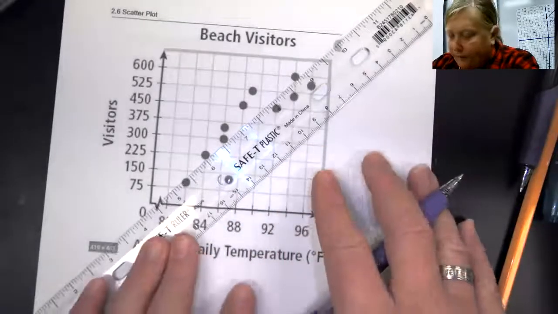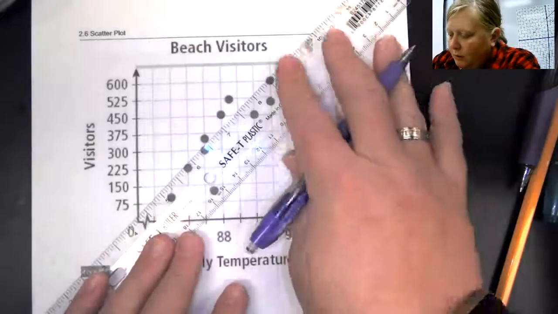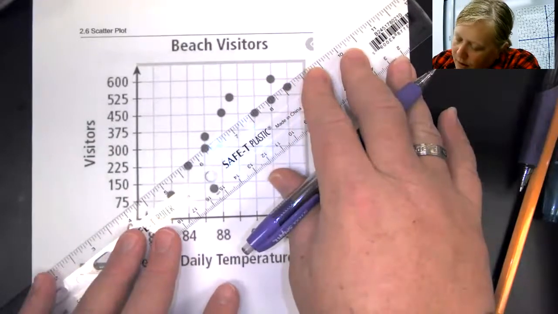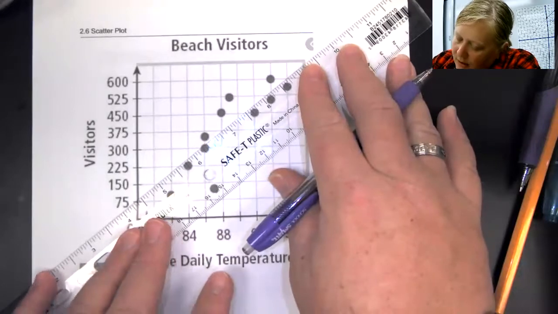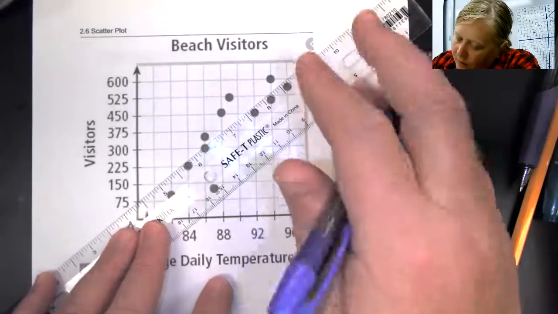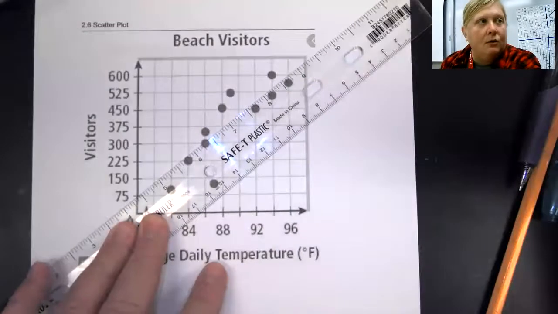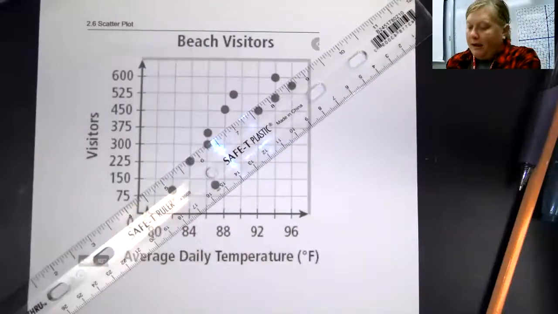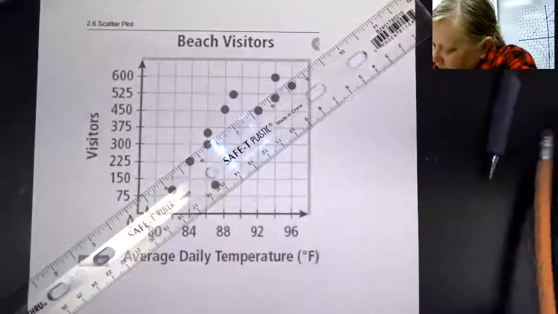No, that is not what you want to do. What we're trying to do is split the line so that wherever I put my line, I have an equal number of points above the line and below. If you use a clear plastic ruler, it surely helps a little bit.